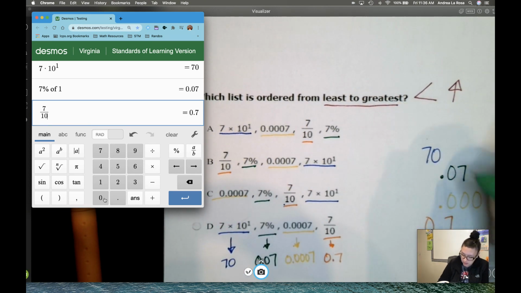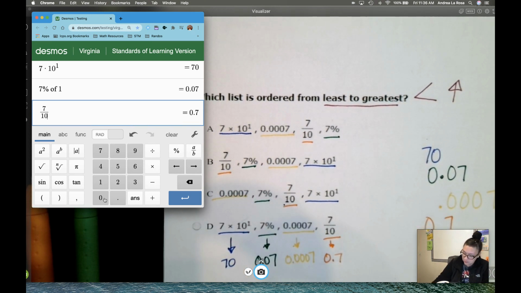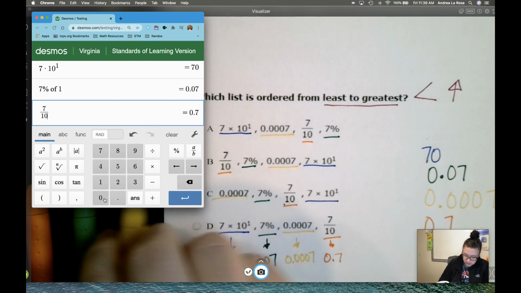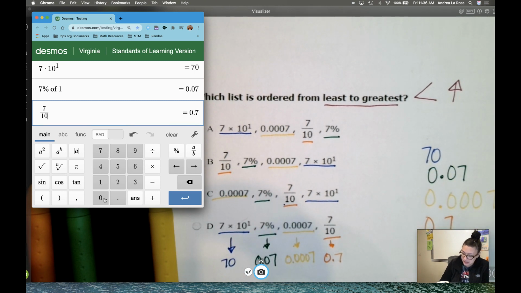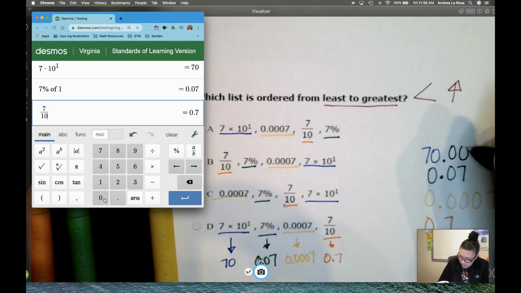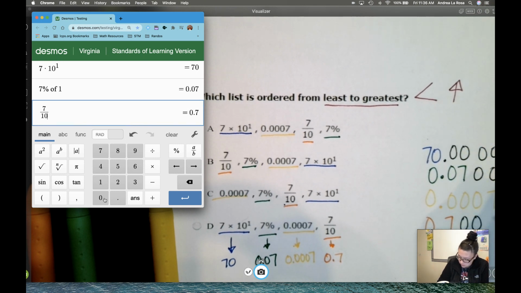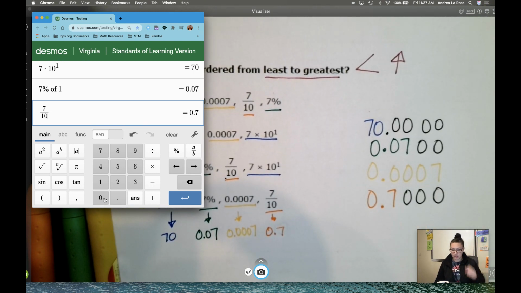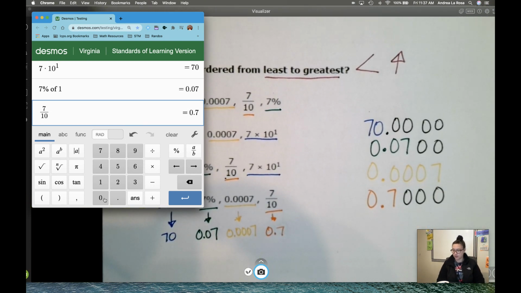Again, like Mrs. Montero reminds us, if we fill in those extra zeros, it'll help us compare place value easier. If we fill in those imaginary zeros, it'll help us see place value just a little bit easier.